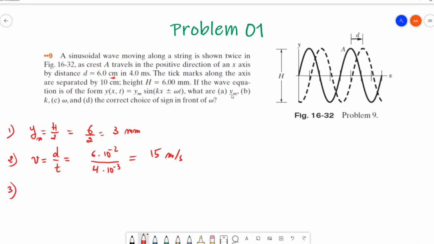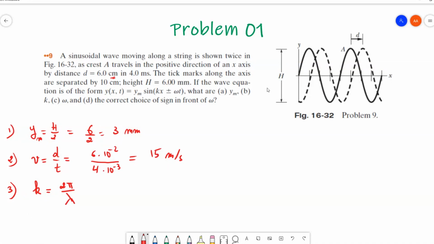We got the amplitude. Now we need the wave number k. By definition, k is 2 pi over lambda. What is the definition of lambda?